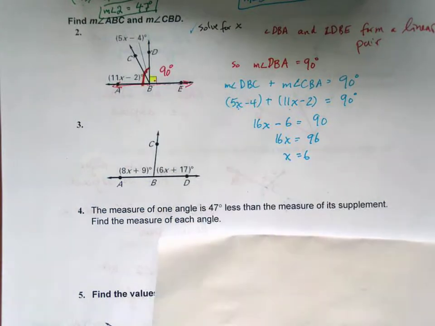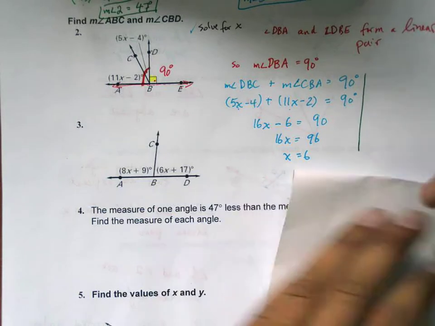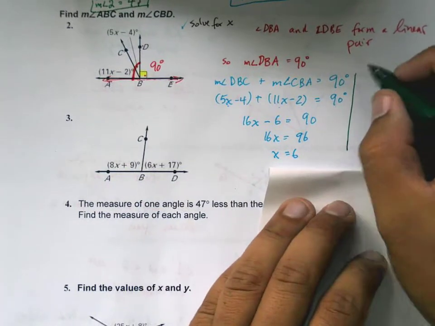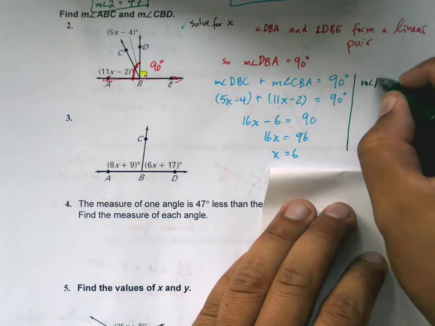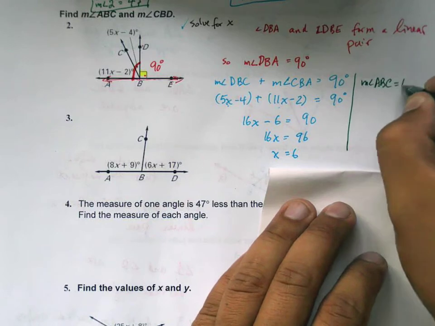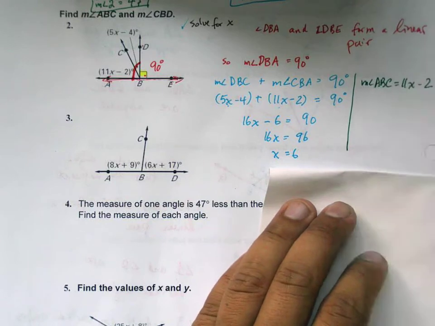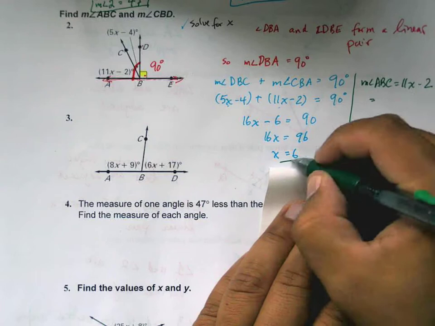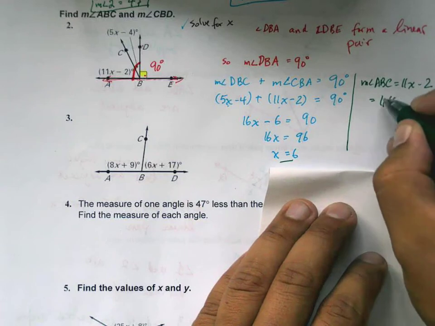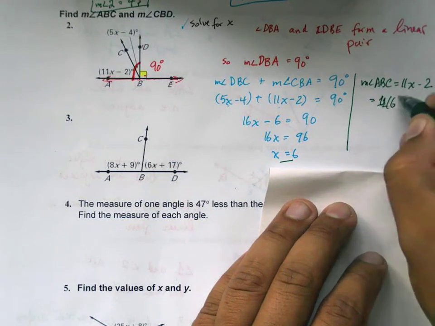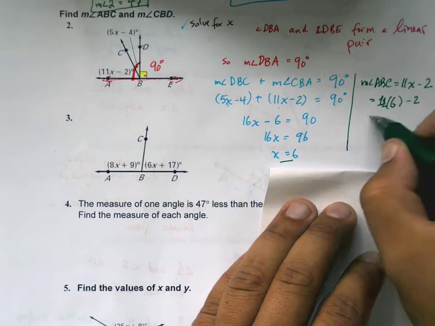So now we can just make these substitutions. It shouldn't be too difficult because we have x already. So the measure of ABC is equal to 11x minus 2. But we can substitute here 11 times 6 minus 2. That's 66 minus 2, so that's 64 degrees.